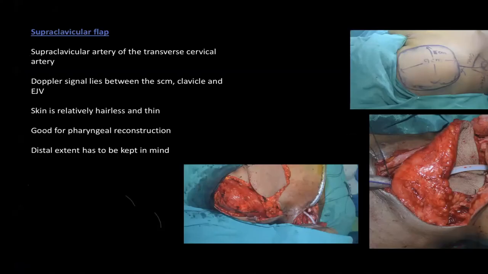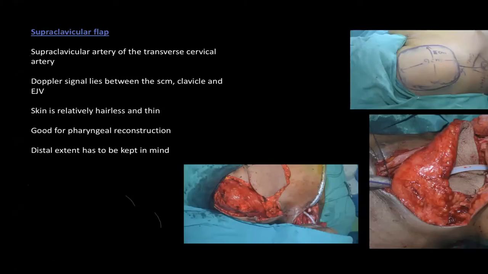Now, the supraclavicular flap is a flap which is perfused by the supraclavicular artery, which is a branch of the transverse cervical artery. Now, the distal end of the flap can go up to the deltoid insertion. Should not go beyond that, because beyond that, the skin is perfused by the posterior circumflex humeral artery.